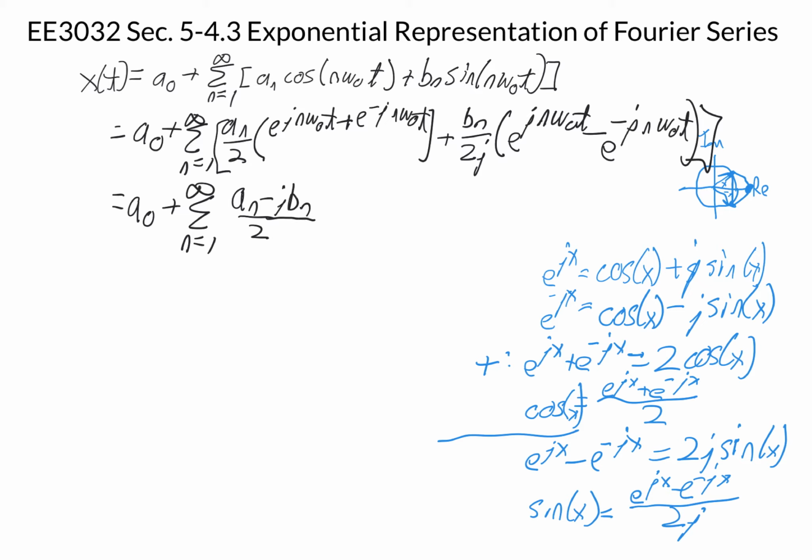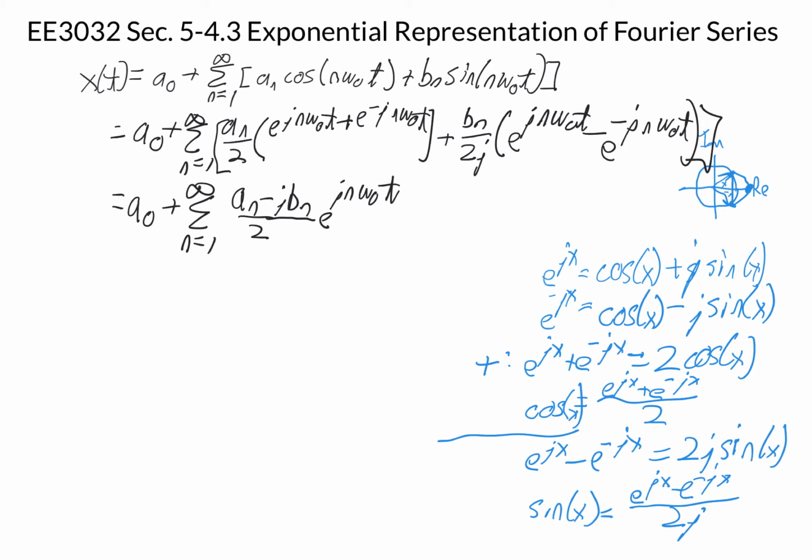I can see with this fraction here, for the imaginary part, if I multiply both the numerator and the denominator by j, I'm going to get minus b of n over 2j. So I need to put an extra minus here so that I get the positive 2 matching up with the positive 2j here. So this is the coefficient of e to the positive j n omega naught t.